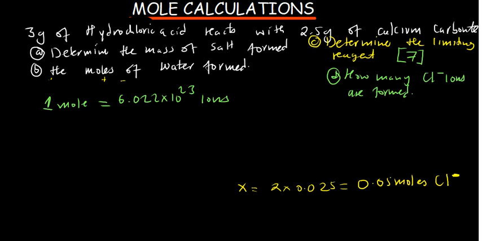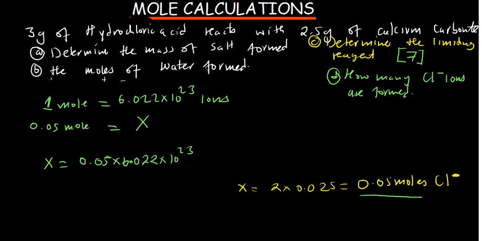Now we have the number of moles there. So what of 0.05 moles? How many ions are going to be there? So our aim is to find x. So x is simply 0.05 multiplied by 6.022 times 10 to the power 23.